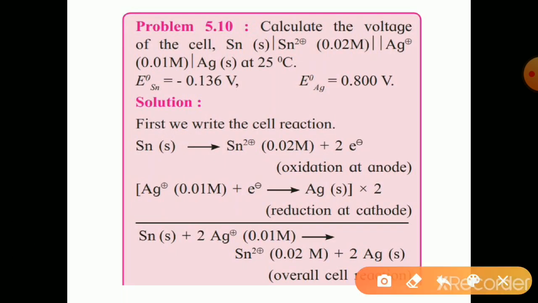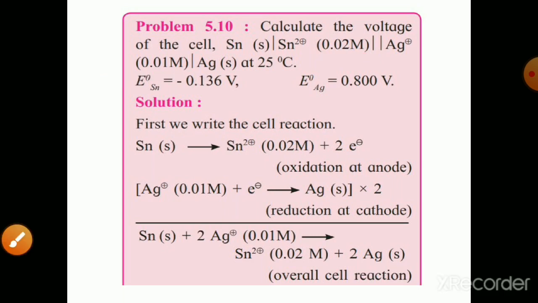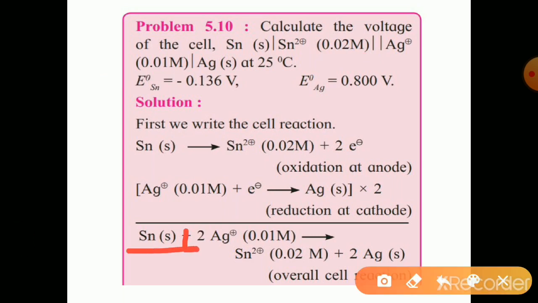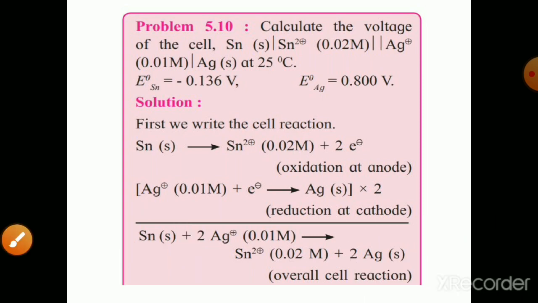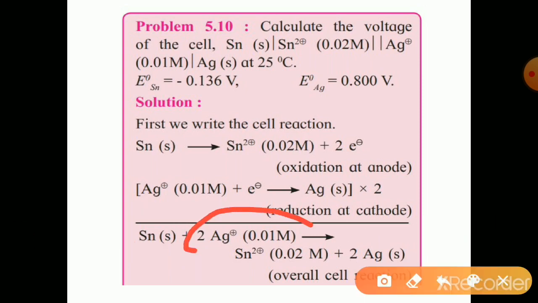The concentrations of the tin and the silver are also given. In this overall reaction, the concentrations of the solids are taken as unity. They will not appear in the reaction quotient expression. What appears is only the aqueous species, silver and tin ions.